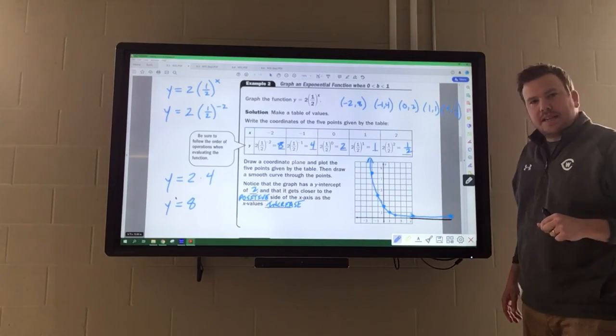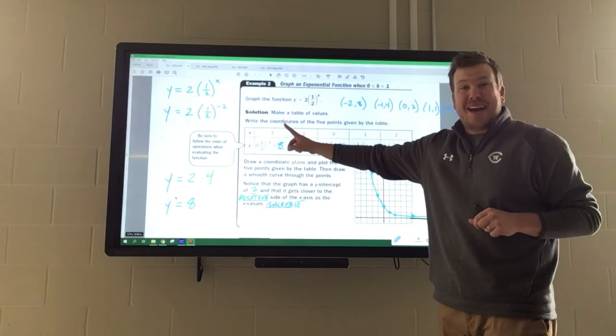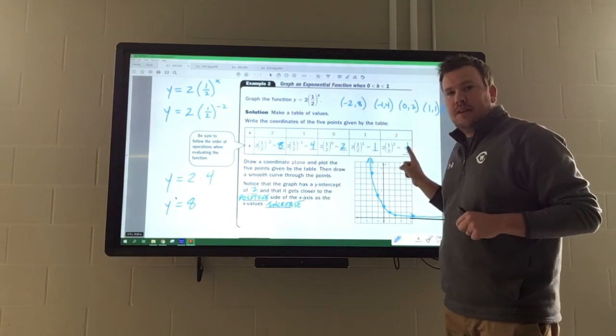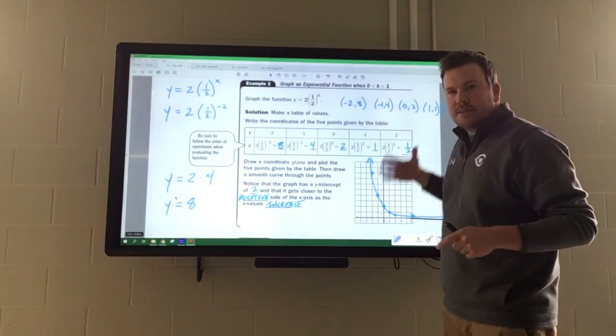So again, we made our table of values. We used the same x values for our table of values, negative 2, negative 1, 0, 1, and 2. Plug that into our function, get our y value, write your ordered pairs, and graph them.